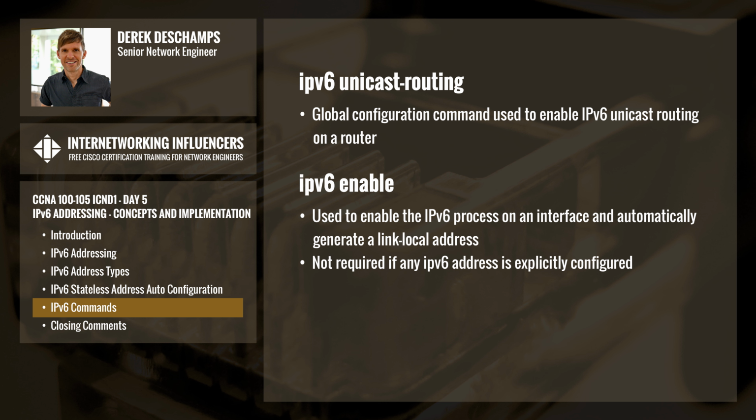The ipv6 enable command is used to enable the IPv6 process on an interface and automatically generate a link local address. The ipv6 enable command is not required if any IPv6 address is explicitly configured.